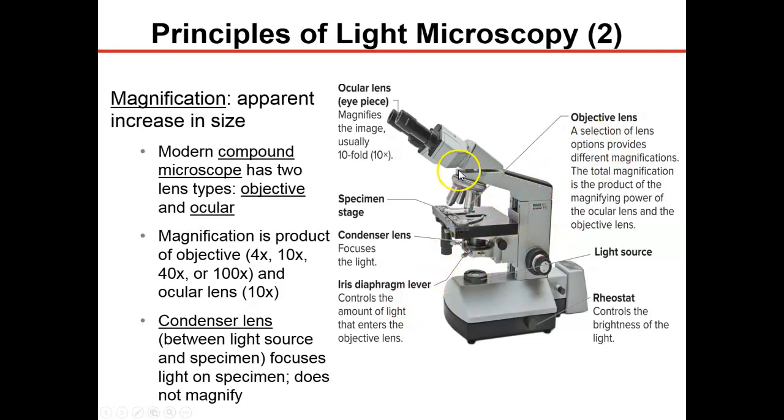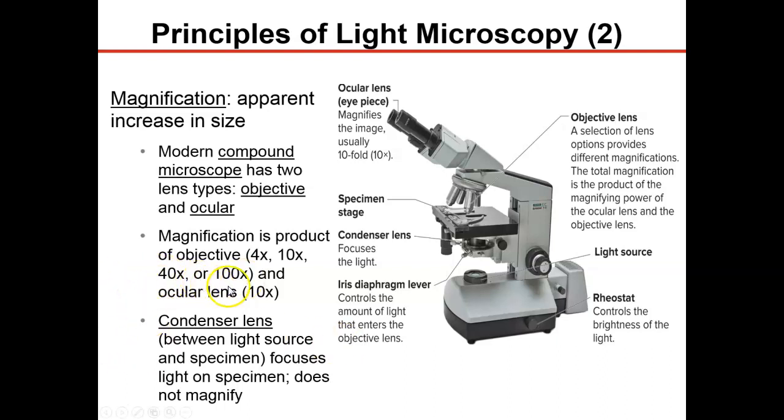The objective lens is on a revolving nose piece here, and it contains 4 different objective lenses. The smallest, which is known as scanning, is 4 times magnified. Then we have the low power, which is 10 times magnified. We have high power, which is also known as high dry, because you do not ever get it wet with oil, is 40 times magnified.